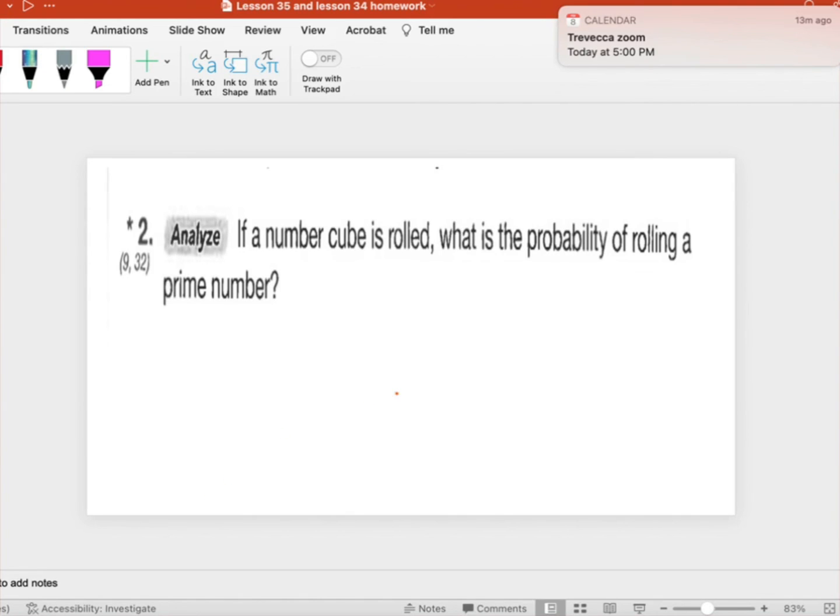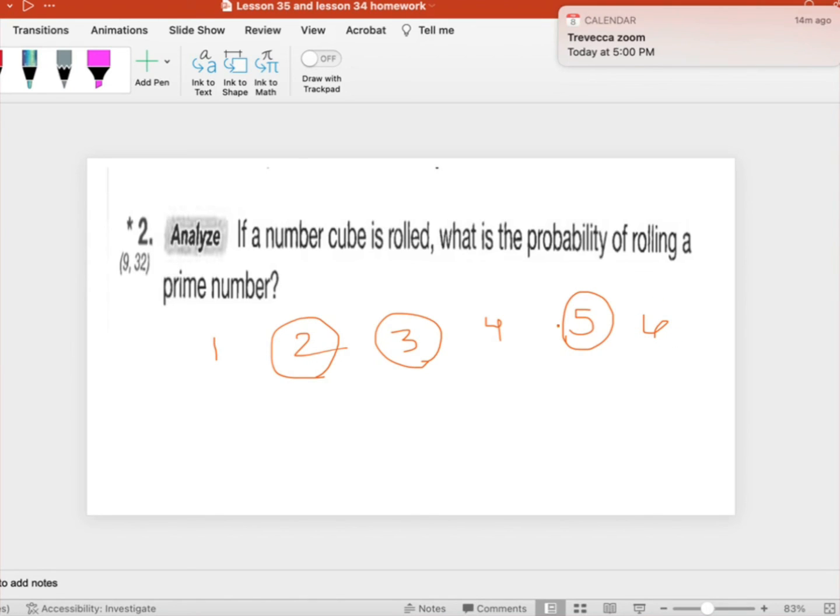If a number cube is rolled, what is the probability of rolling a prime number? Well, let's think about this. Let's write out the sample space. We could roll a 1 or a 2 or a 3 or a 4 or a 5 or a 6 on a number cube. Now let's think, which ones are prime? Remember, 1 is neither prime nor composite. 2 is prime. 3 is prime. 4 is composite. 5 is prime. 6 is composite.